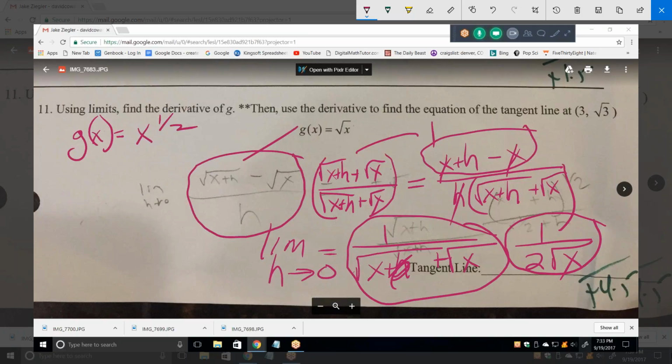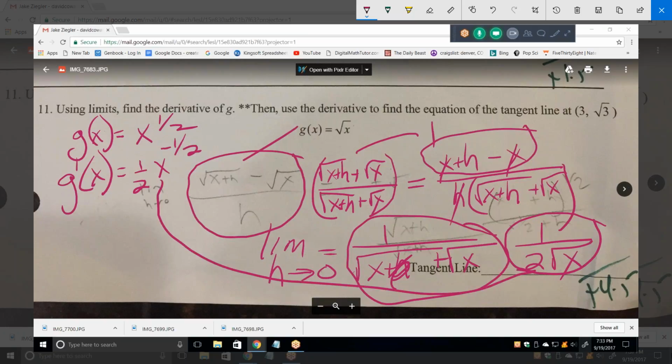Use the power rule on that: 1/2 x to the negative 1/2 power. That is the same thing as that. Right? x to the negative 1/2 is 1 over square root of x. Got the 2 in front of it from the 1/2.